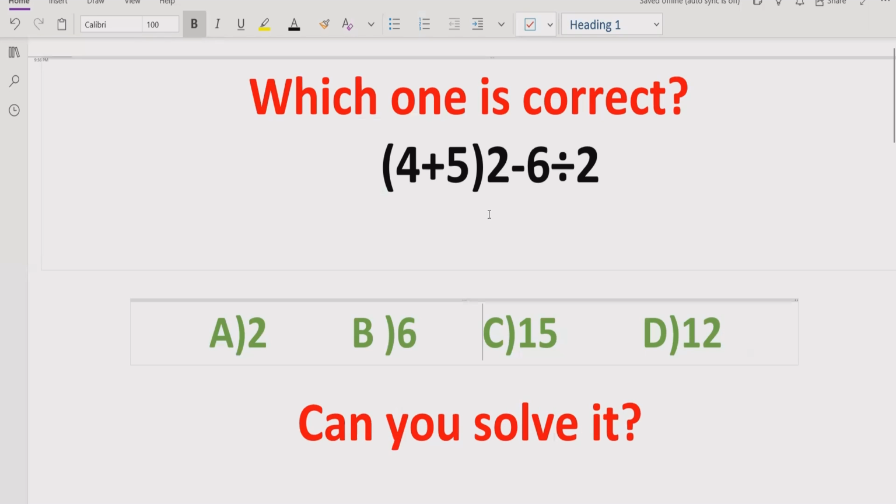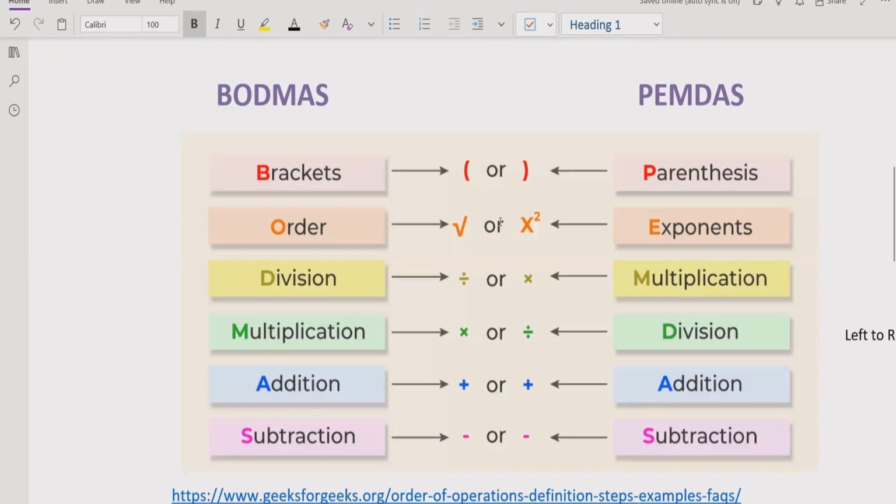Now, let's start the topic. Just recall what the BODMAS and PEMDAS methods are. Basically, these two rules apply to solving any arithmetic operation which contains basic operations like plus, minus, multiply, and divide.